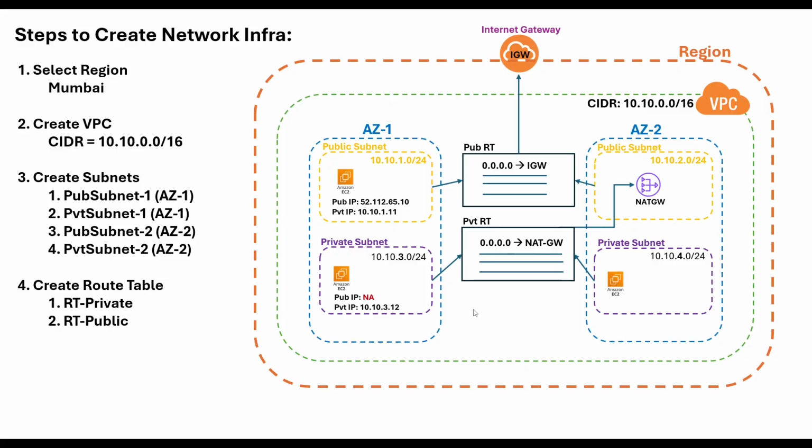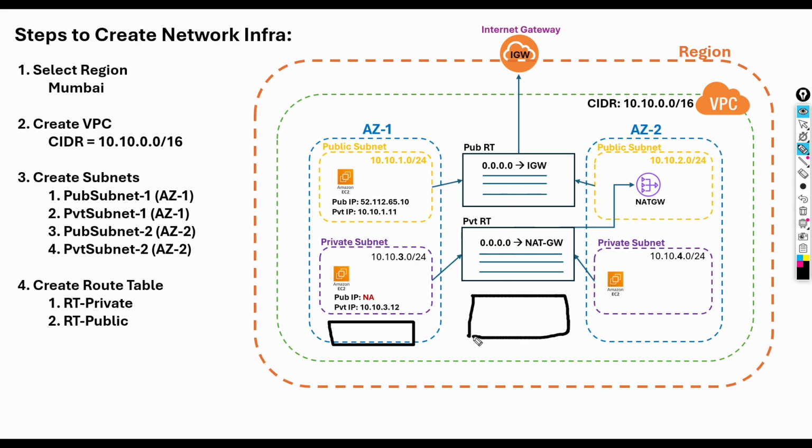Let me explain to you why we use the main route table. So let's say I have one additional private subnet here and it is not associated with any of the route tables, then it will get used by the main route table.